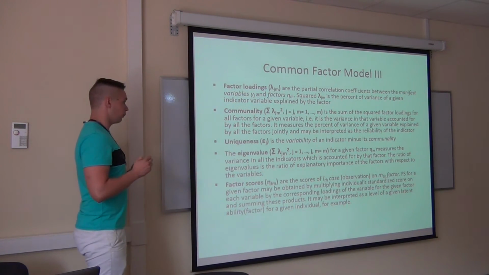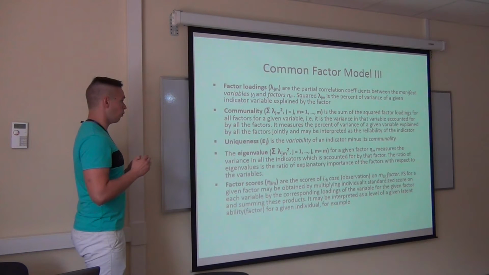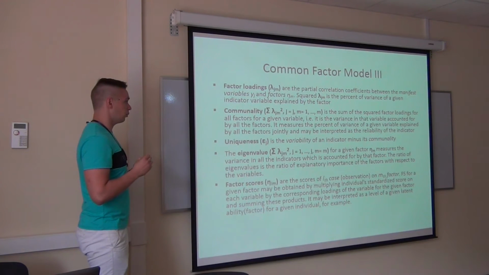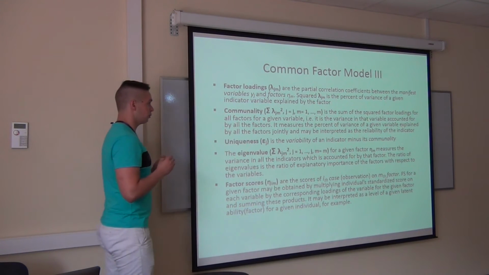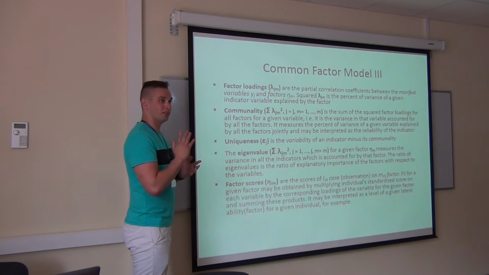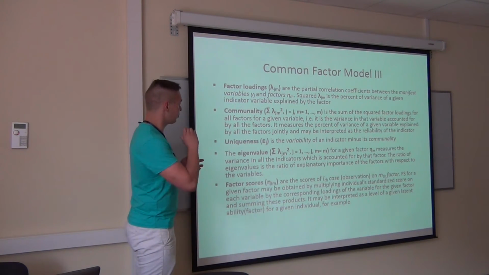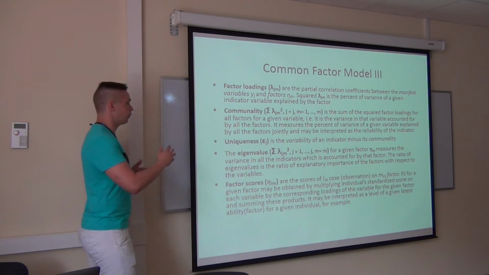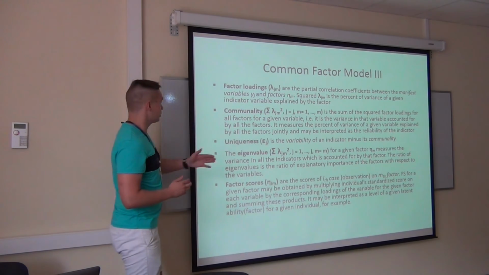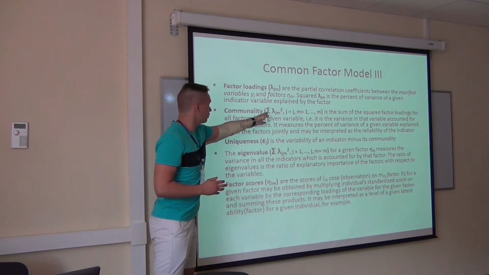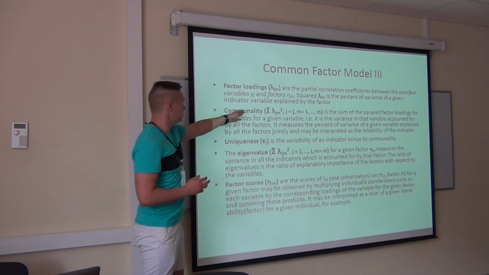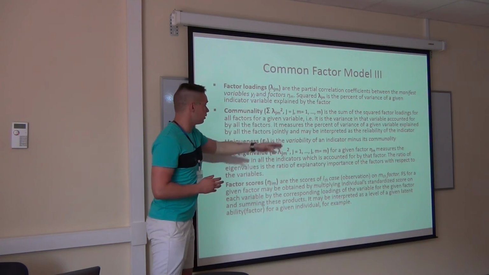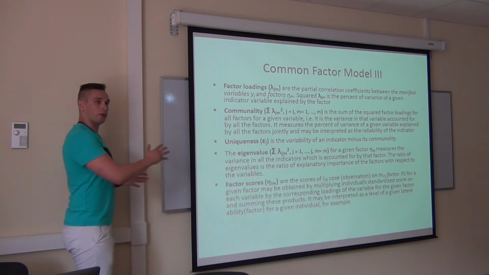Then eigenvalue. Eigenvalue is the sum of squared factor loadings for a factor. So it's an important difference. Both communality and eigenvalue are the sum of squared factor loadings. But when we compute communality, we index by factors.